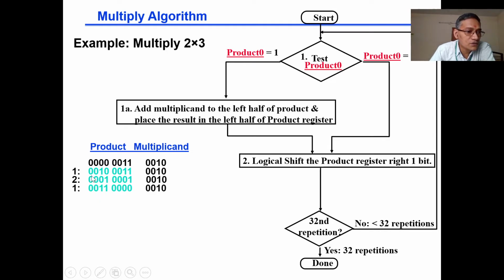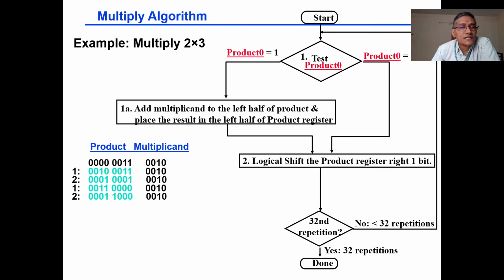The current value of the left of the product register is 0001. With 0001, we need to add the multiplicand value 0010. When you add 0010 with 0001, you will get 0011. That result is placed in the left of the product register. Okay, and we need to move to the second step.